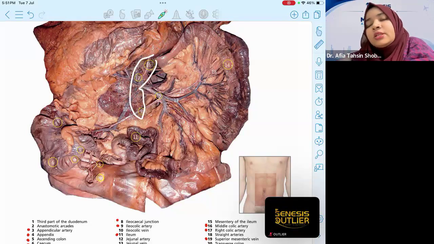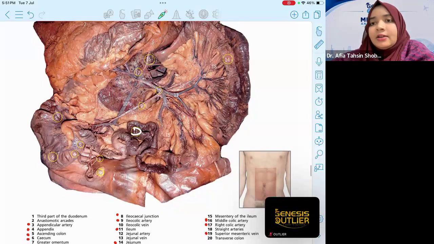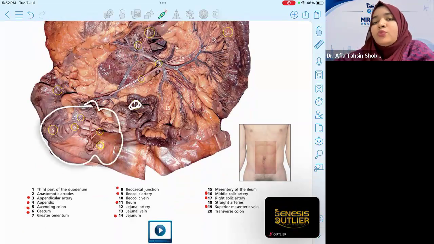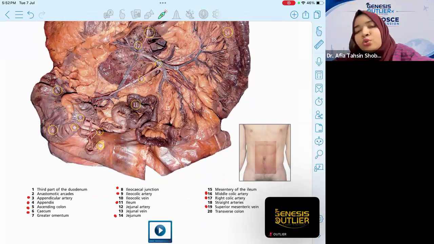This is important here. It is not so important for the exam, but you have to go through this image. 11 is here ileum, and this portion we will cover when we study appendix. Just here I want to go through once.